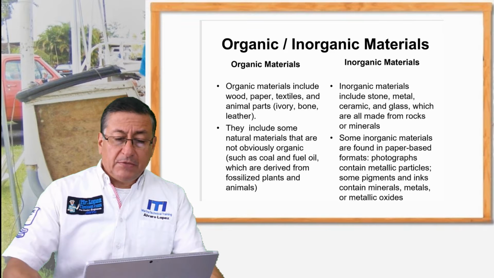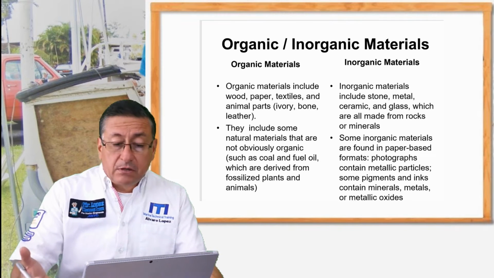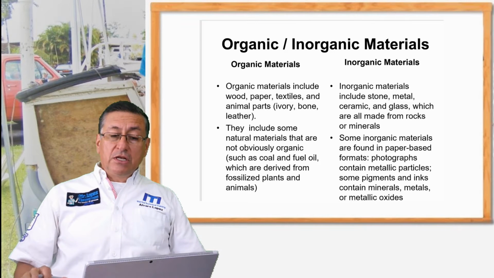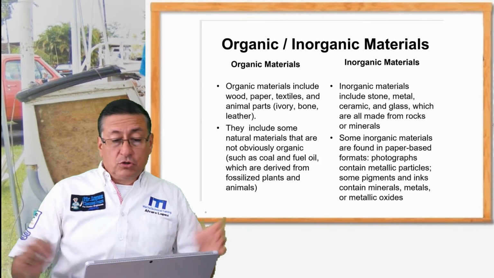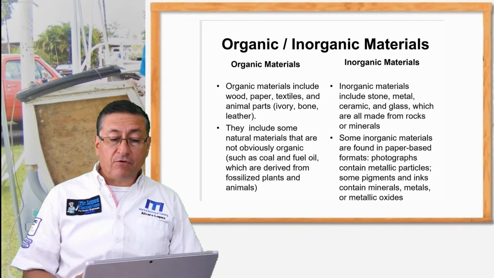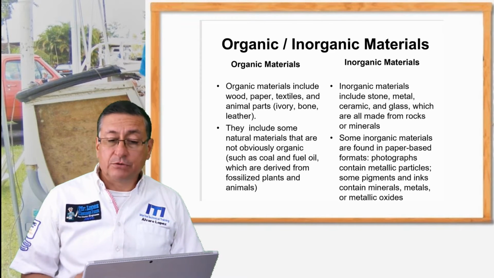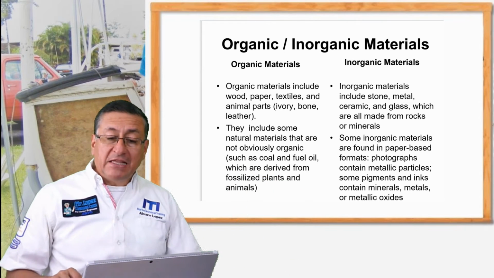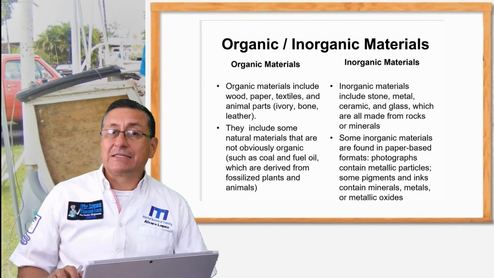Organic materials include wood, paper, textiles, animal parts. They include natural materials that, of course, are organics, and they come from fossils, plants, and animals. Inorganic materials include stones, metals, ceramics, and glasses.